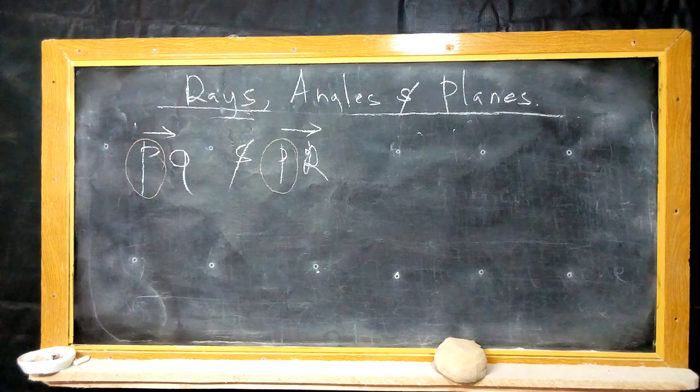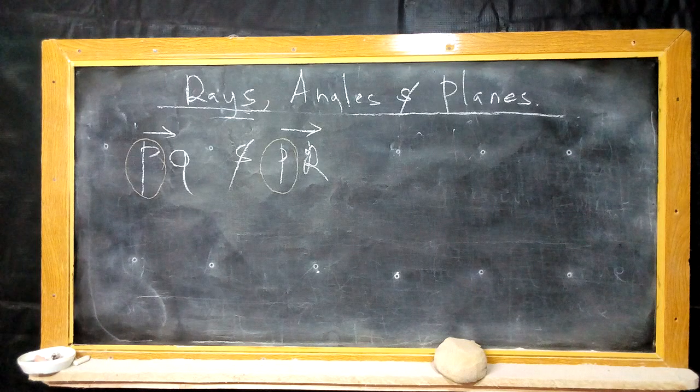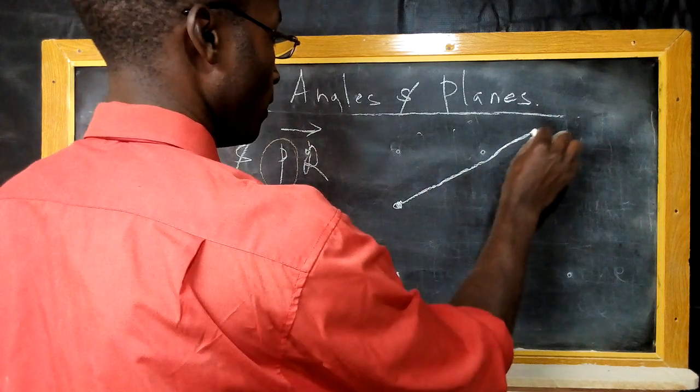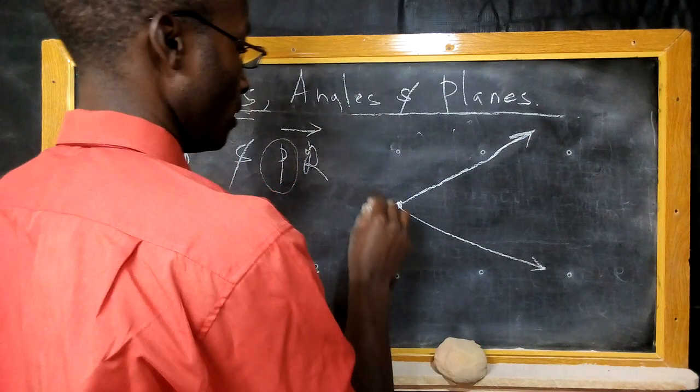So in that case, as we have defined an angle as consisting of two rays that have a common point, our common point is going to be P. Therefore, we can have the first ray like that, and the second one like that.